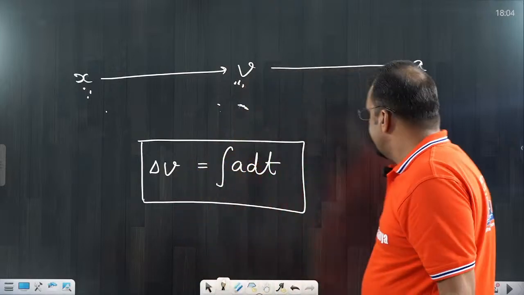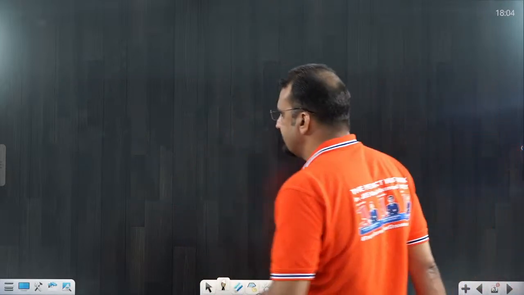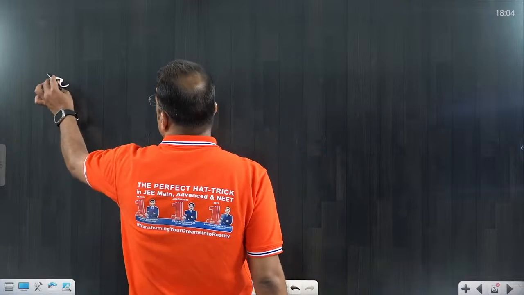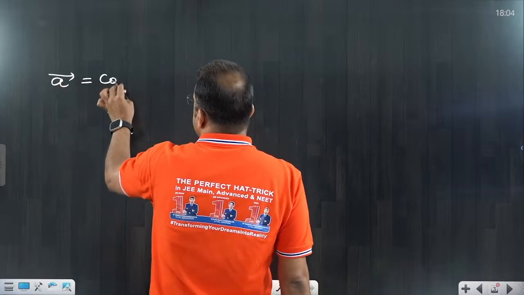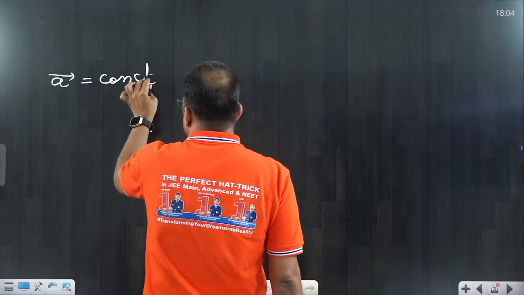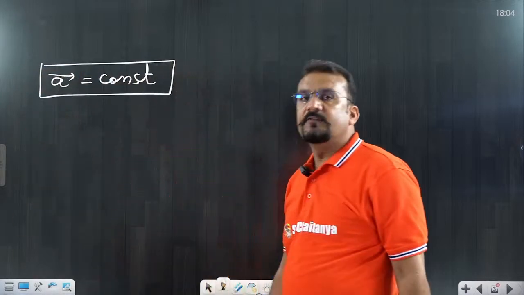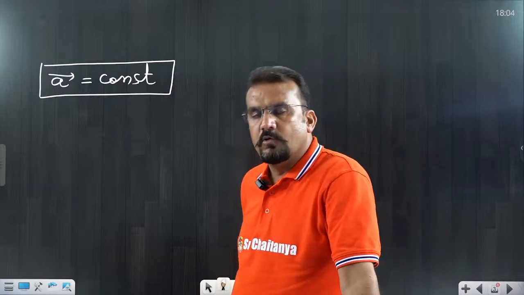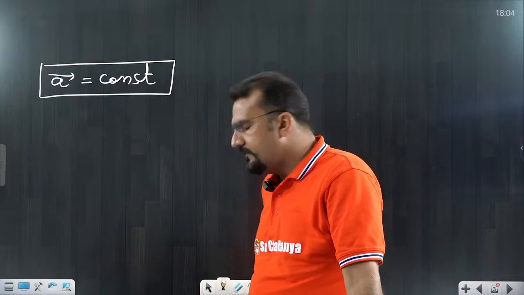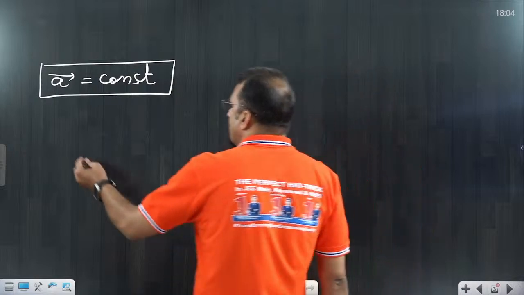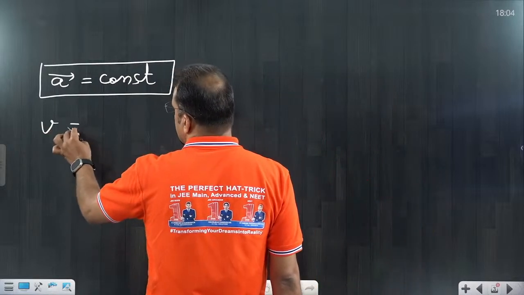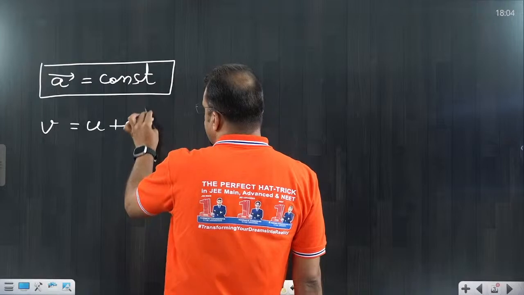For the next process, it is necessary that acceleration should be constant, very important. Constant acceleration means both direction as well as magnitude are constant. Then we have the equations of motion. First equation, v equals u plus at.